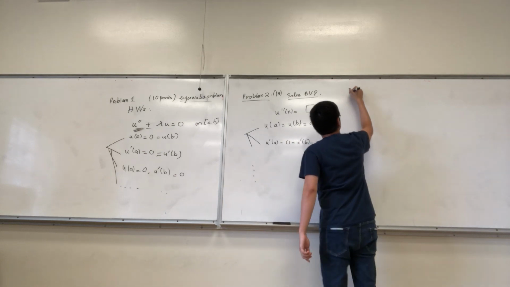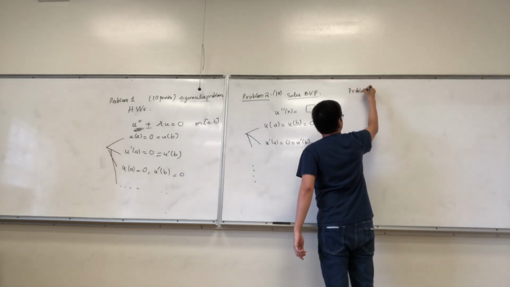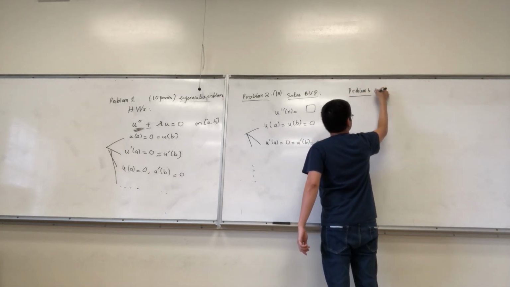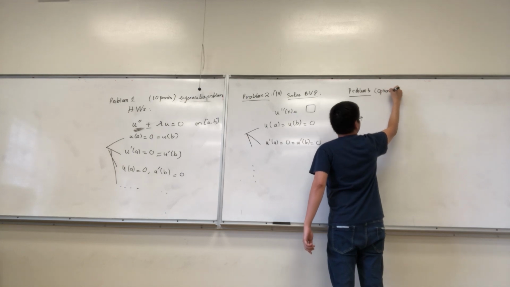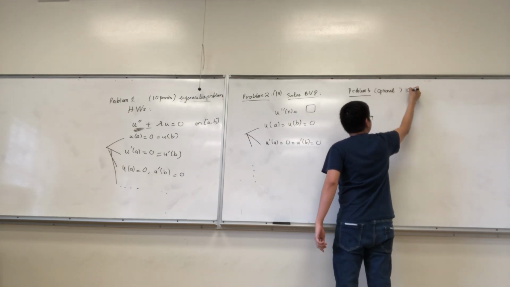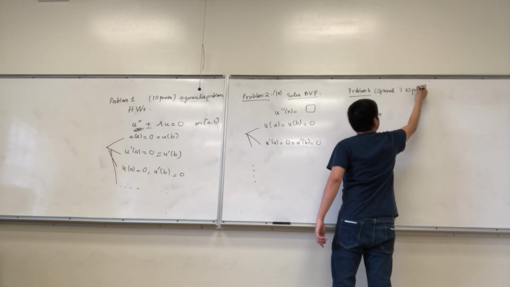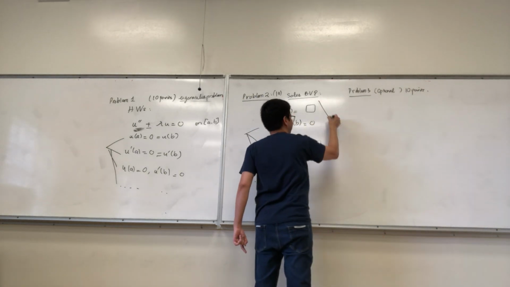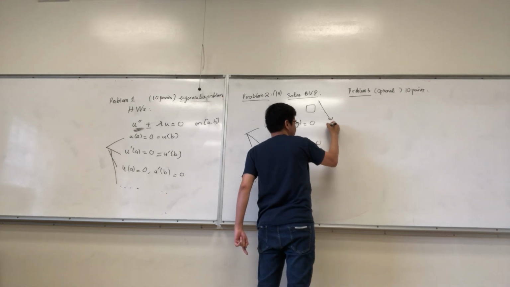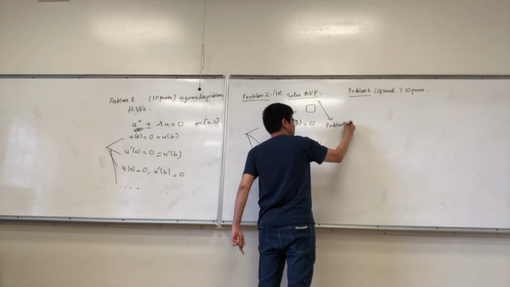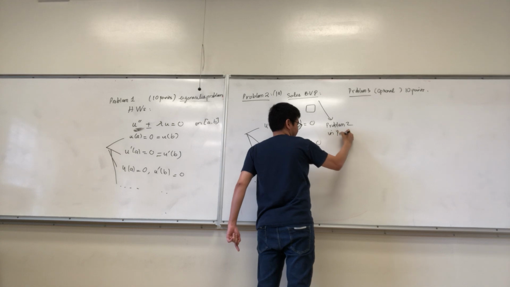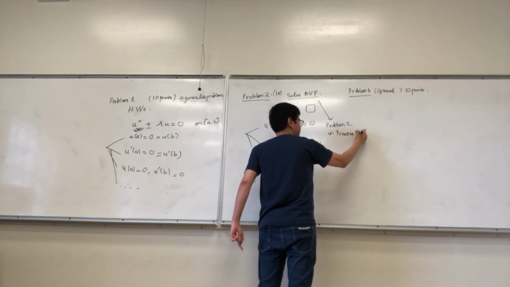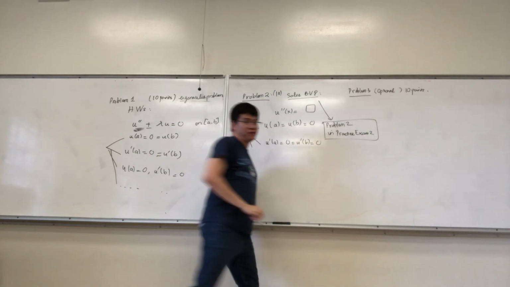If you can solve everything, you're going to get 30, with the optional one also being 10 points. For problem 2, you can have a look at the practice exam, which is something that we are going to do today.